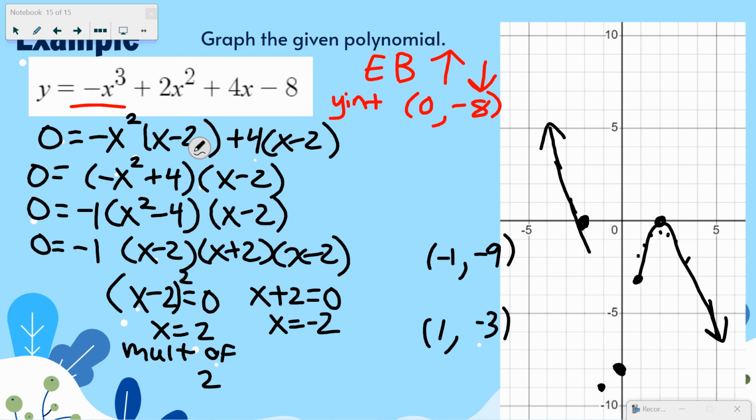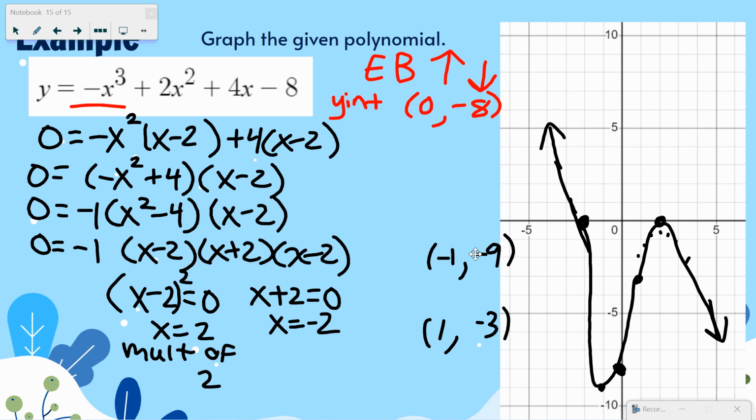Okay, that was like tracking along, right? So now let's just connect our graph right through. So what do I know? If my degree was 3, I could have like 2 turning points. Do I have 2 turning points? Yep. And I see I have my 3 roots. I got that good end behavior.